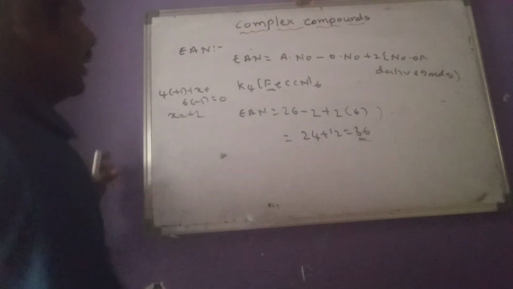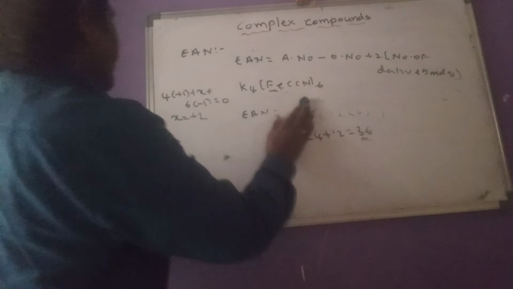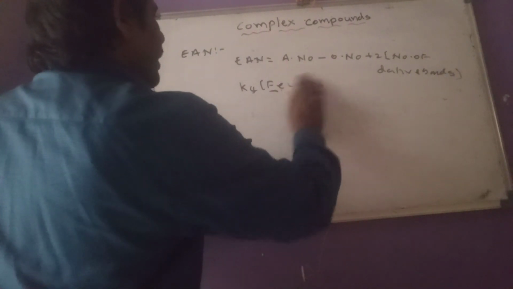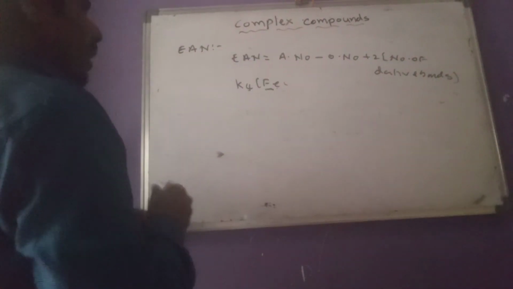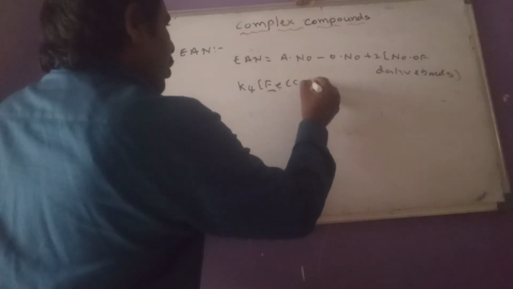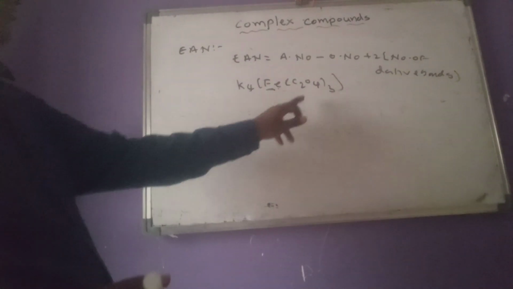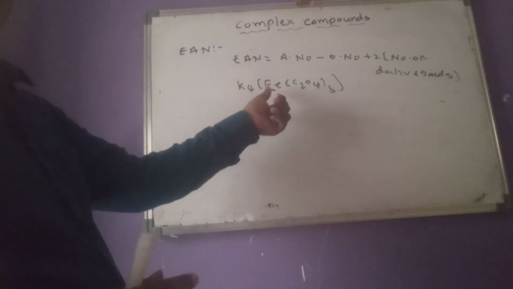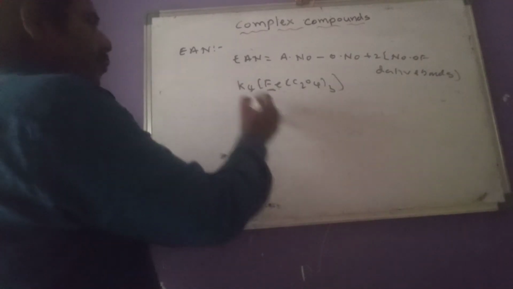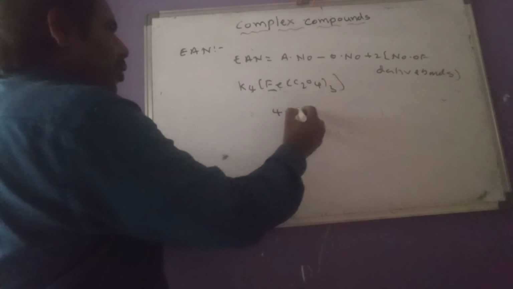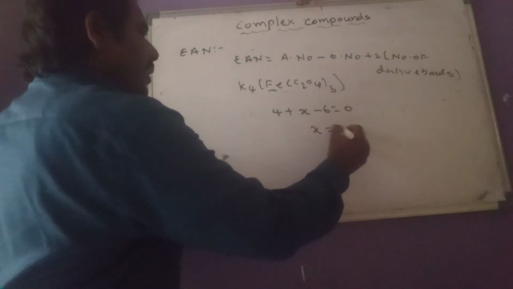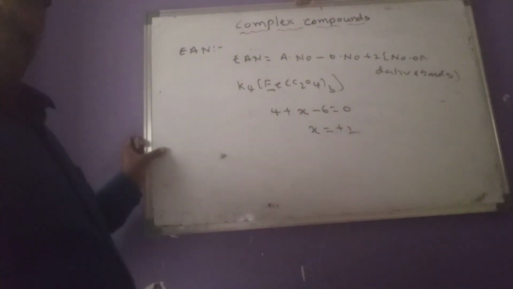Now let us see another example in which a bidentate ligand is present. K4[Fe(C2O4)3]. Here C2O4 has a minus 2 charge. Let us calculate the oxidation number of iron: 4 potassium means plus 4, plus X, minus 6, equal to 0. X equals plus 2 again.